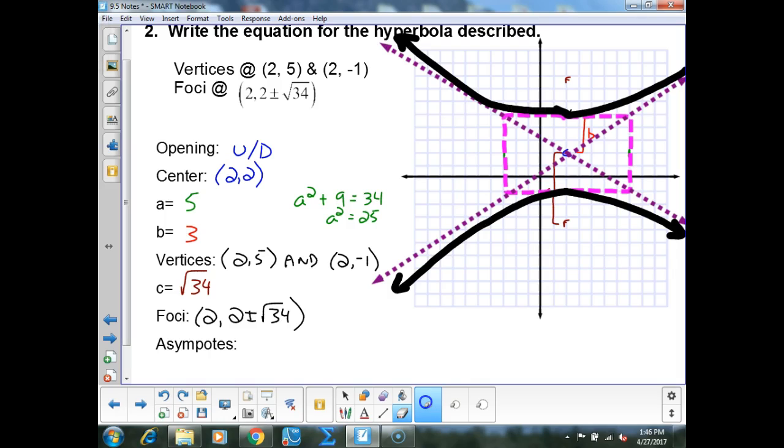Okay. So all we need left is the equation of the asymptotes, right? What's the slope of the asymptotes? We got 3 over 5, right?